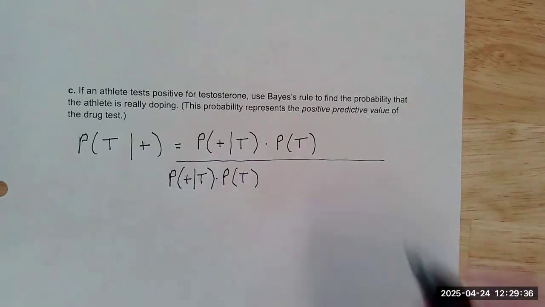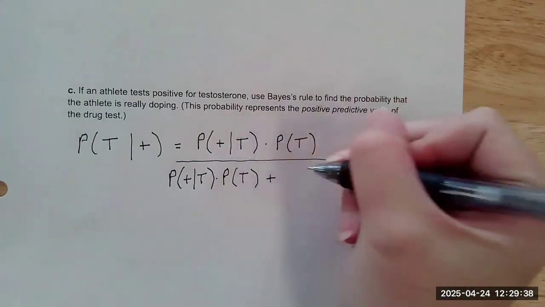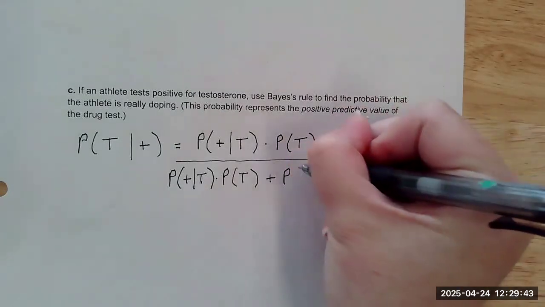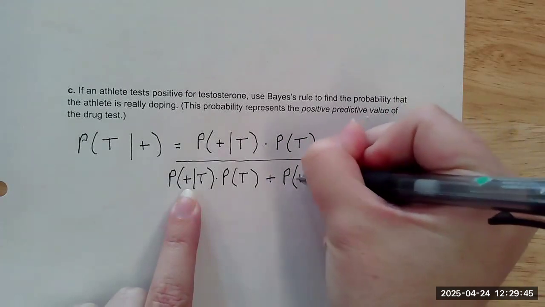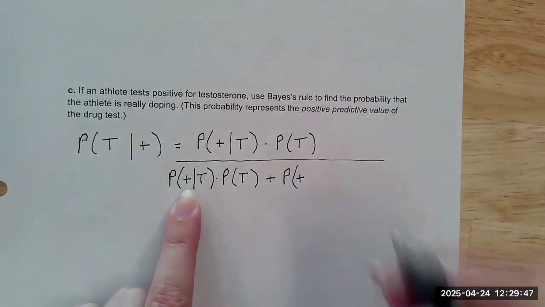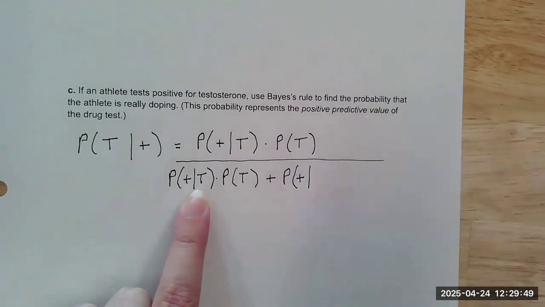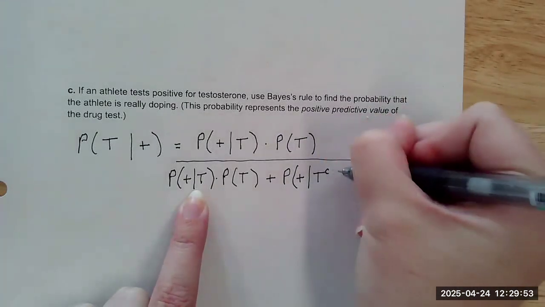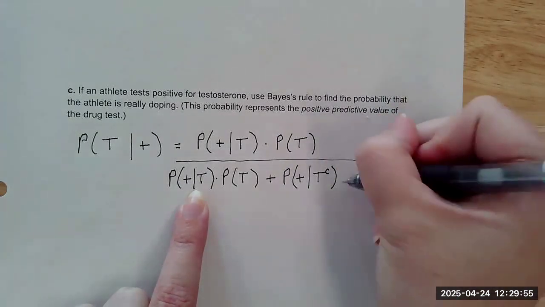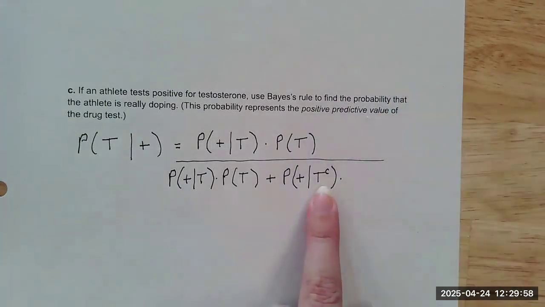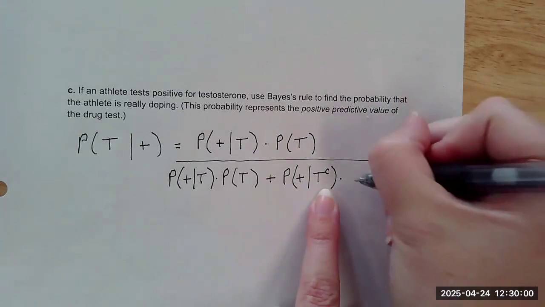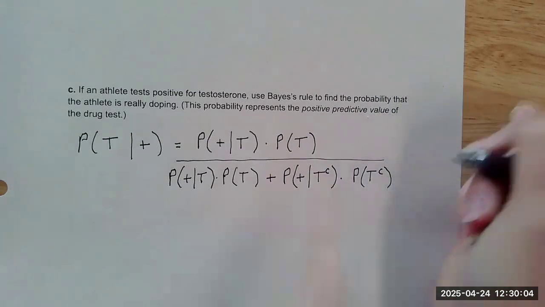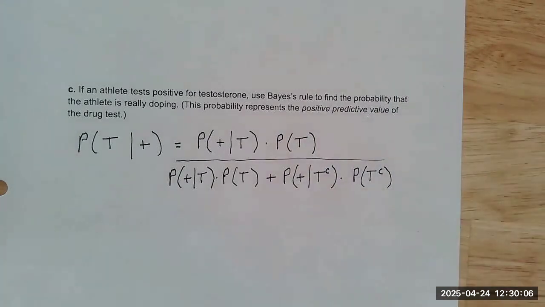You're going to put a plus sign now. And then you're going to put the probability of plus. So we're still going to start with the plus, but then after the given line, you're going to put T complement. Okay. And then we're going to multiply by that second thing right there. The probability of T complement. And you're done. That's the formula.